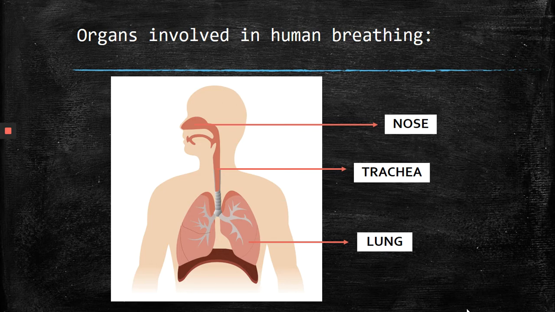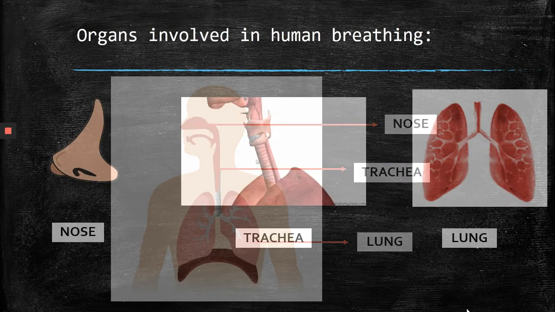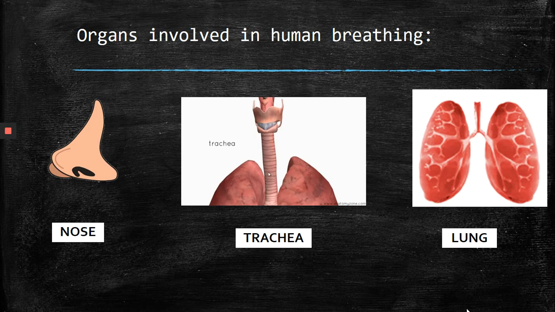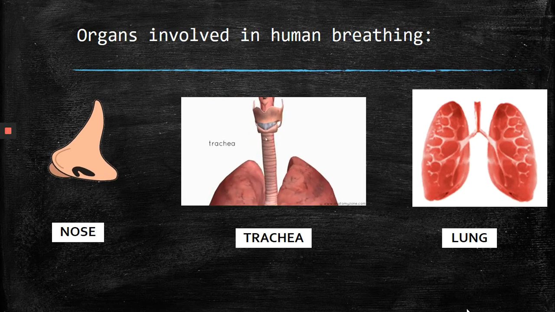You need to know where the nose is, where the trachea is, and where the lung is. It's important to know each of them since, like I said just now, it is a favorite question. So this is the nose, this is the trachea, and also the lung.